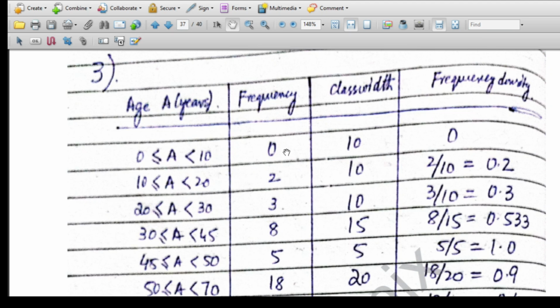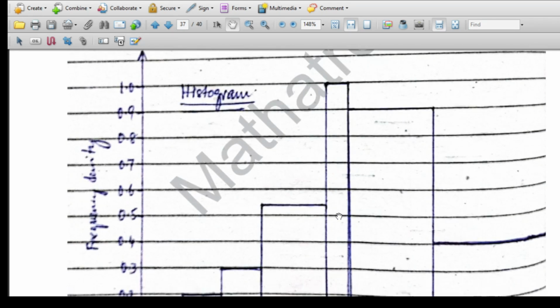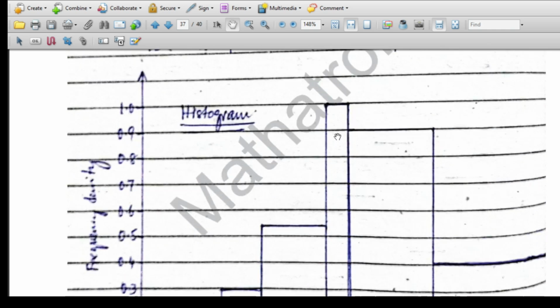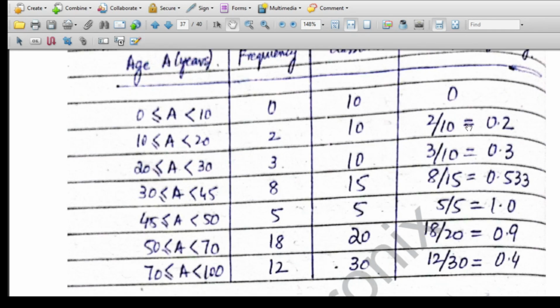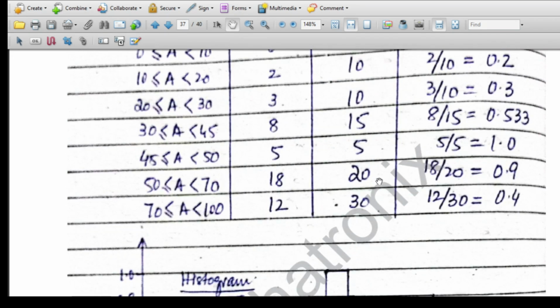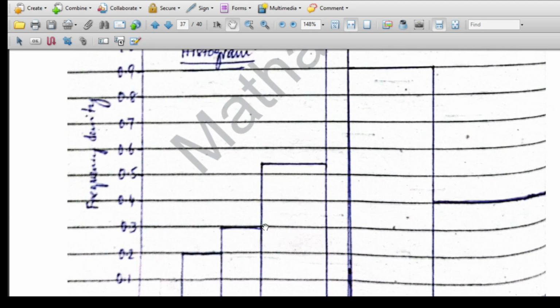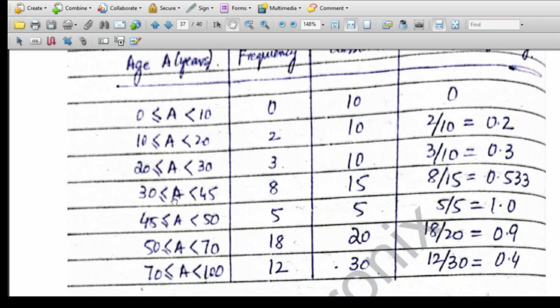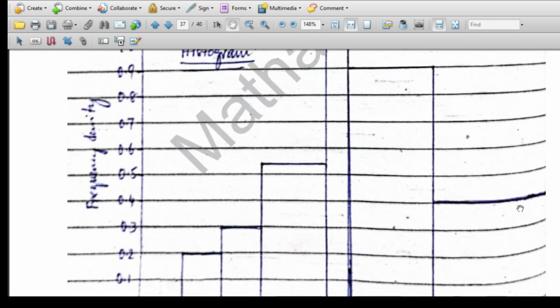For 0 to 10 we have 0 values, so no bar there, and for 10 to 20 we have 0.2. For 20 to 30 we have 0.3, and for 30 to 45 it is 0.533.